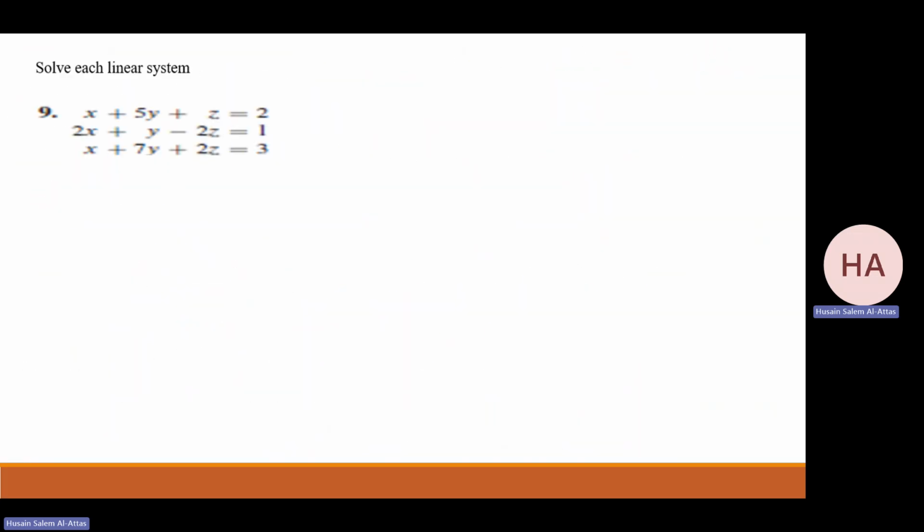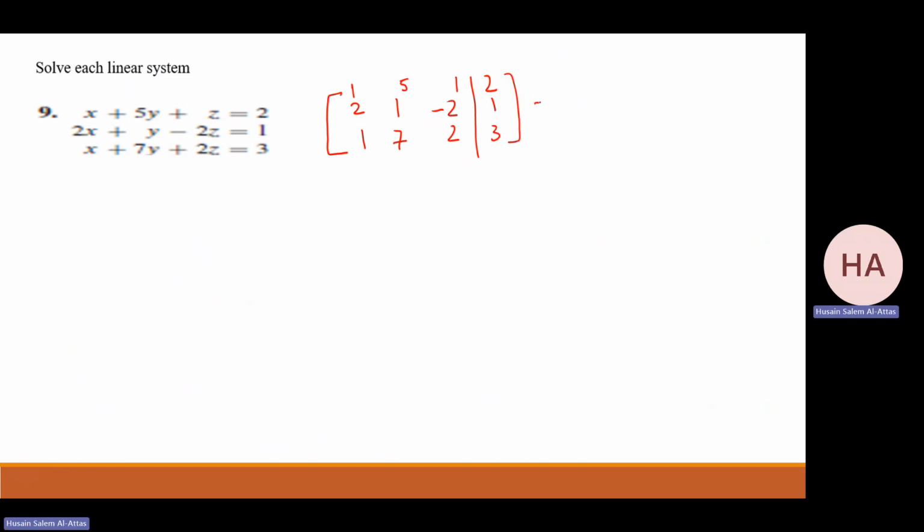The same procedure, exactly, like in the elimination, but now we are dealing with the matrices. So the augmented matrix will be 1, 5, 1, 2; 2, 2, 1; be careful here; minus 2, 1, 1, 7, 2, 3.